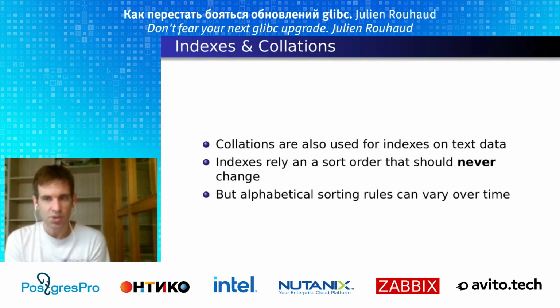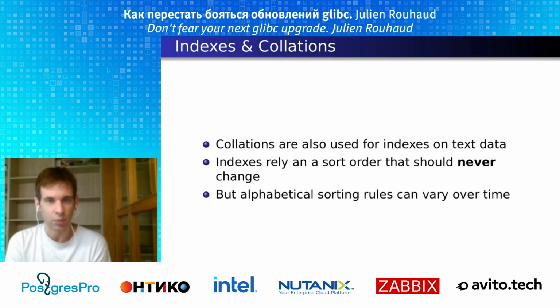Since collations are used to sort the data, they are obviously also used for index creation and maintenance. One very strict requirement for indexes is that the way the data is sorted should never ever change. Obviously, that's an easy requirement for numeric data, for instance.